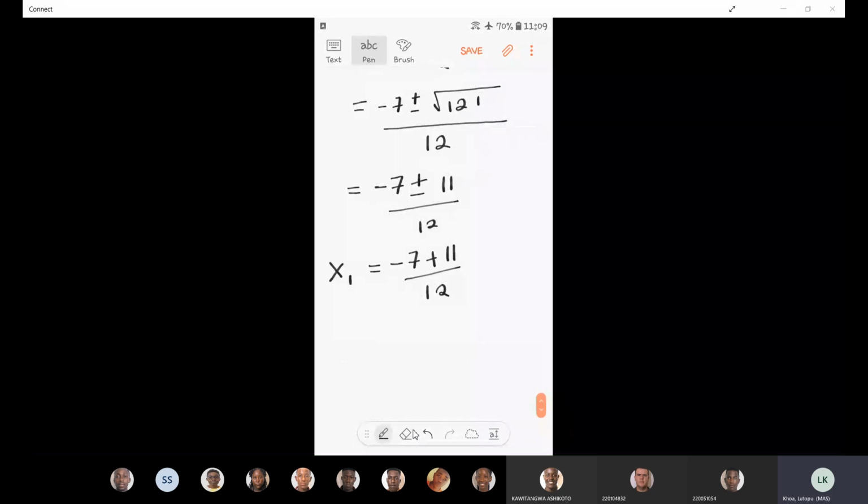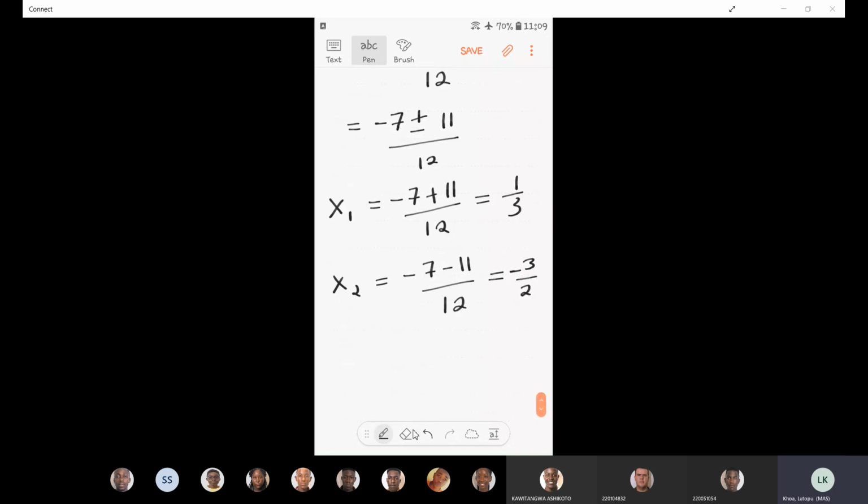And then my second solution, x2, just label them like that, is negative 7 minus 11 over 12. Now for the first one, I get 1 over 3. And then for the second one, I get minus 3 over 2.